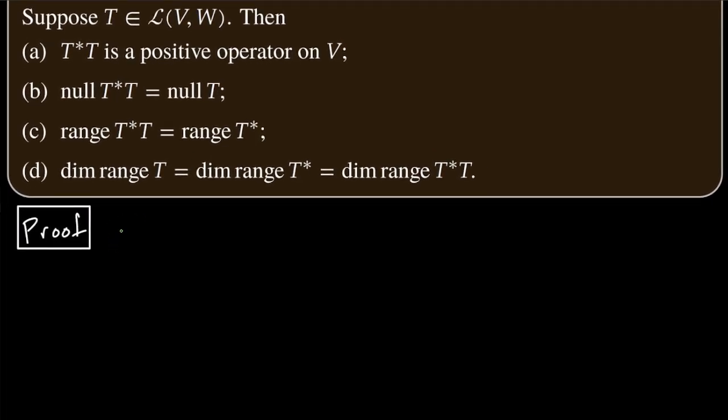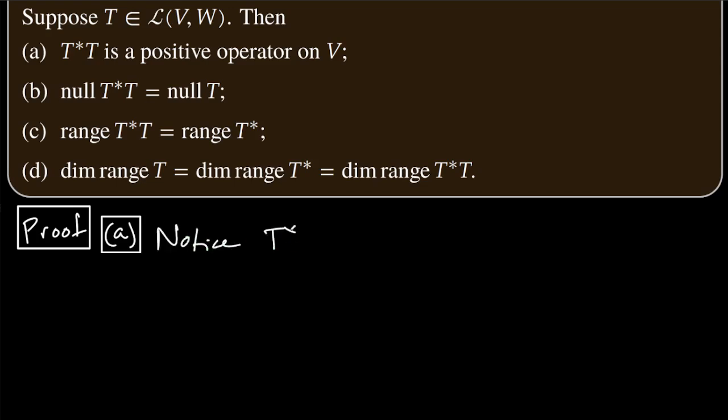Let's start out with part A. Okay, so to remember, to be a positive operator, you have to be self-adjoint, and you have to satisfy the inner product of the operator times a vector with that vector being greater than or equal to 0 for all vectors. Okay, so let's run through it.